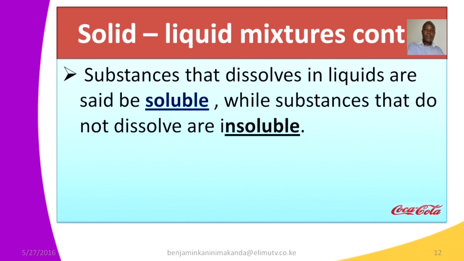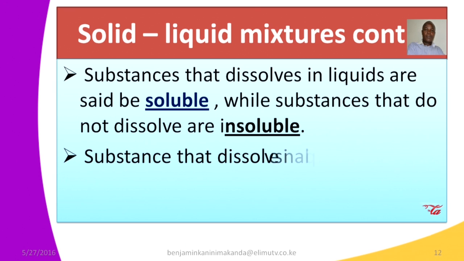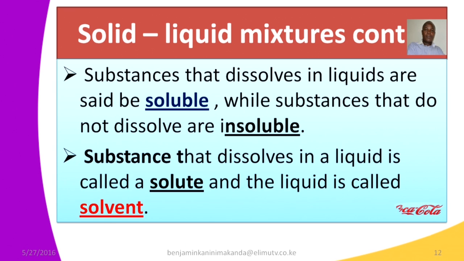Still on the same, for a substance that dissolves in a liquid, if you take a substance and you dissolve that substance in a liquid, then that substance is called a solute, and the liquid is called a solvent. I want to explain here.